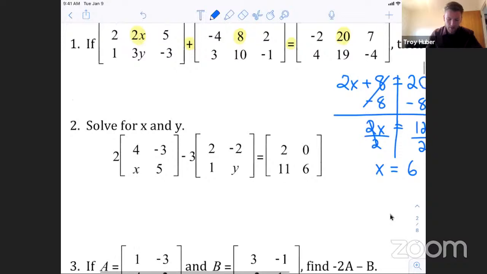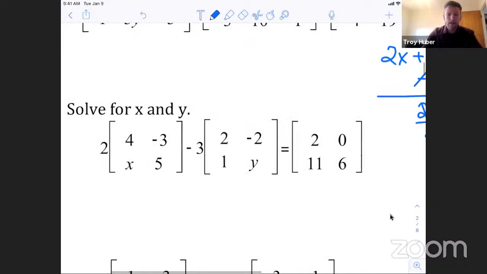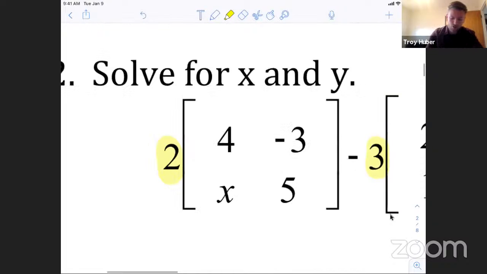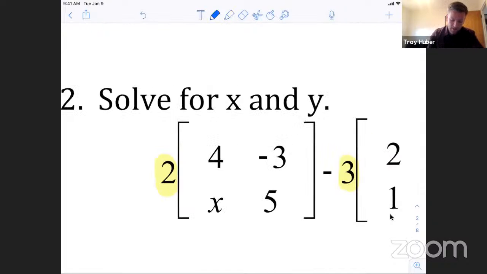All right, however, in this one, we can now see that we're multiplying by a constant. So this 2 and this 3. Okay, now when you multiply just a matrix by a constant, what we actually do is we distribute that constant to all of the terms in that matrix.